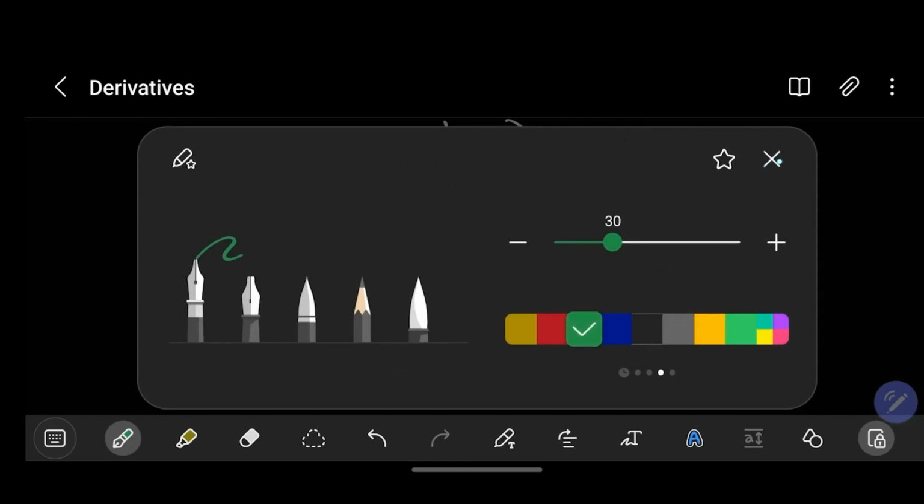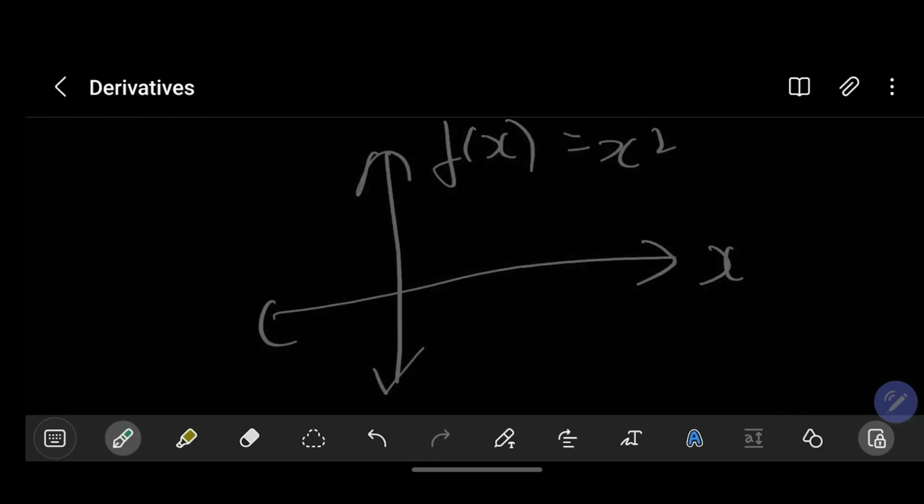At this point we don't know how to find the derivative, but we know x squared is a parabola. Let me draw that a bit better. We can draw it like this. It must make contact at 0. So that's the graph we get with x squared.